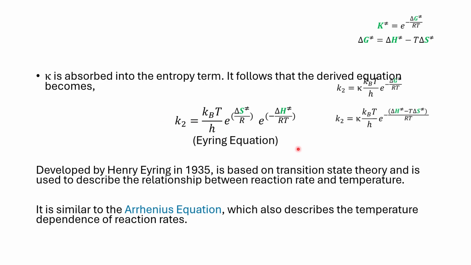We have to take note that the transmission coefficient kappa is always assumed to be 1, but is sometimes mathematically absorbed into the entropy term. This form is conceptually similar to the Arrhenius equation, which also describes the temperature dependence of the reaction rates.